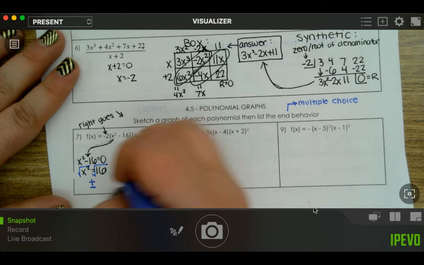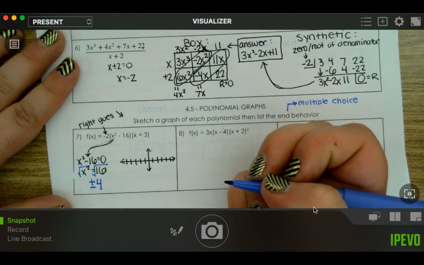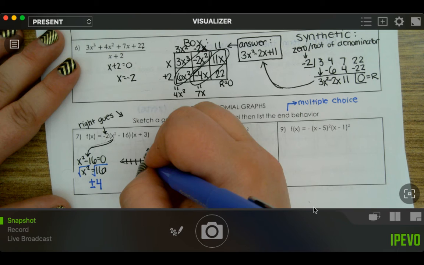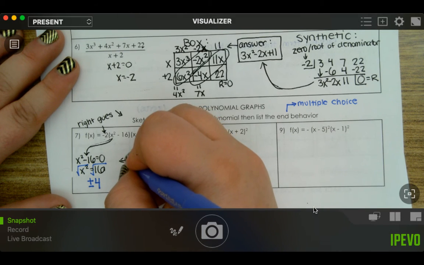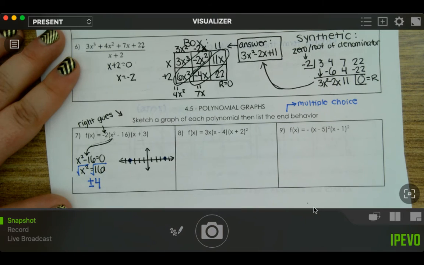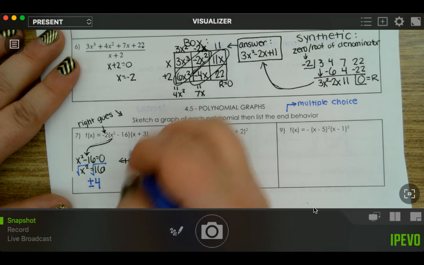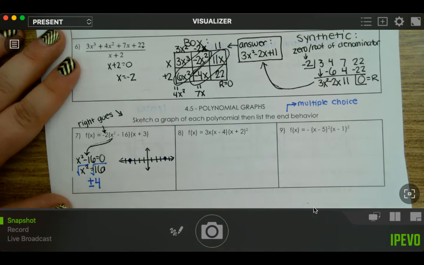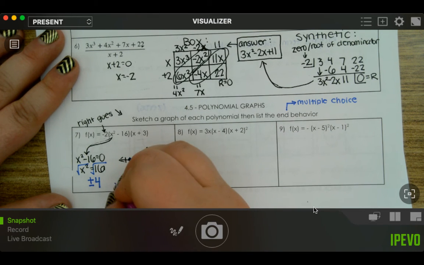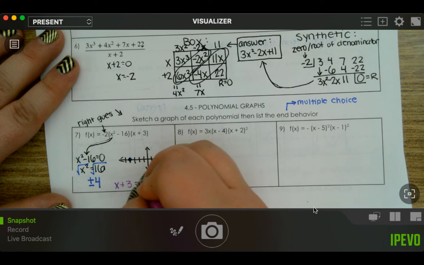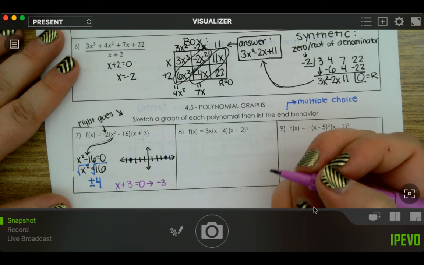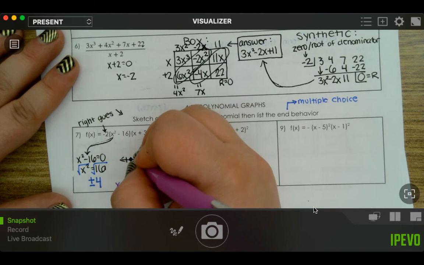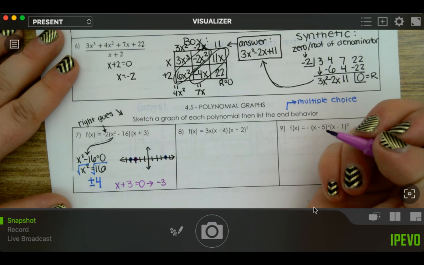And then the square root of 16 is actually 4. So I'm going to come over here and put a point at 2, 3, 4, and -4. And then this one, if you did x plus 3 equals 0, you would get -3 as your answer, because you would subtract 3 to the other side. So those are your zeros of this graph.